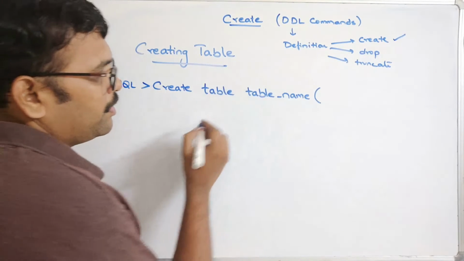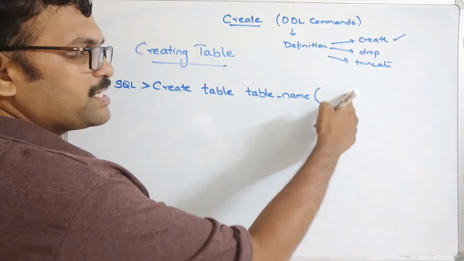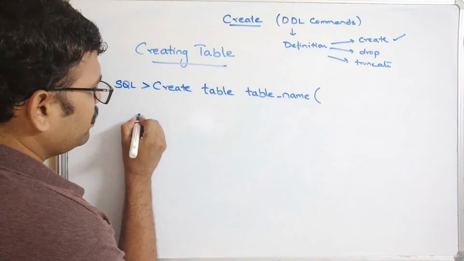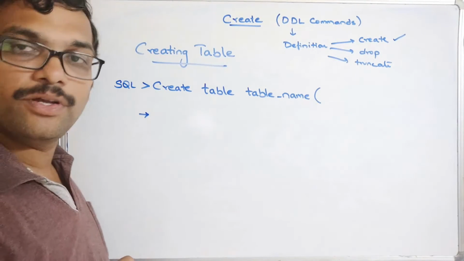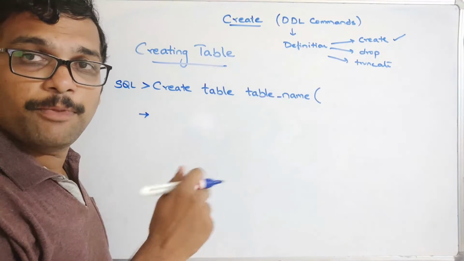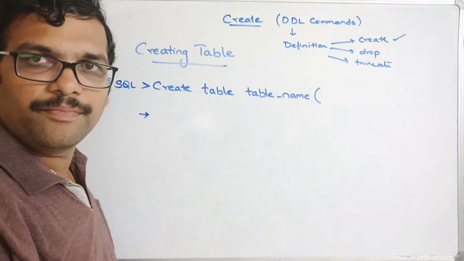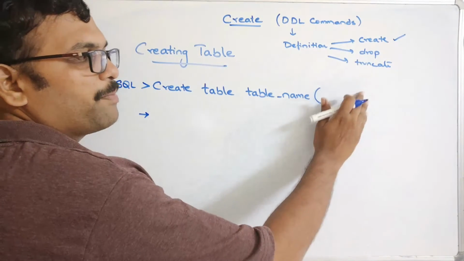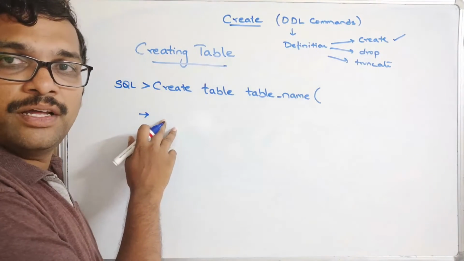See, if you press enter, automatically you will get one more line, because here we have not given a semicolon. If you give a semicolon, that will be treated as the end of the query. If you are not giving any semicolon and press enter, it will go to a new line.